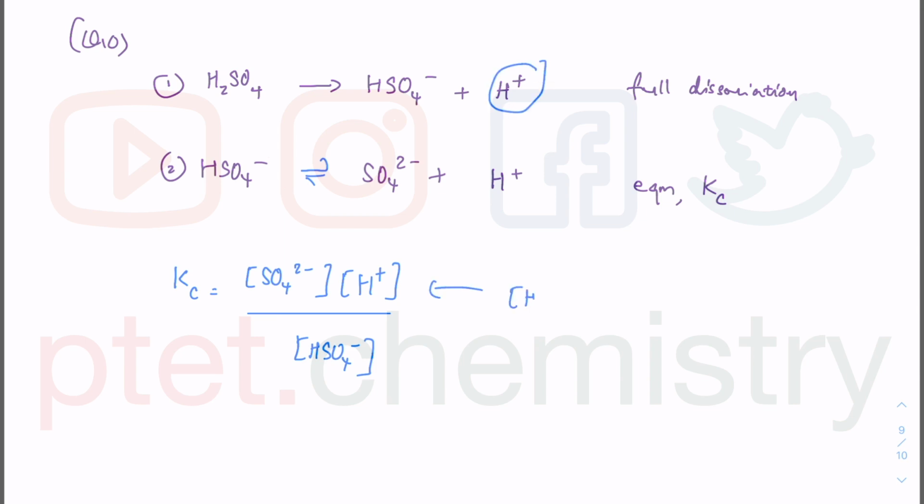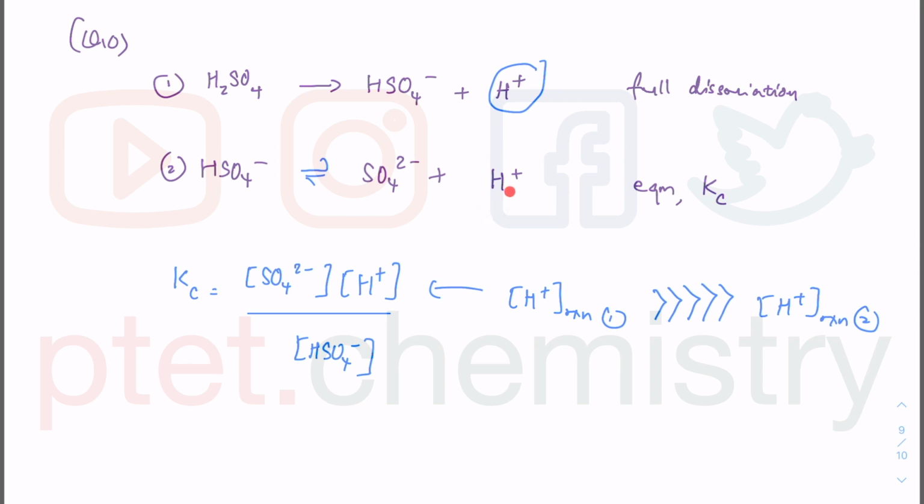So the H plus from reaction 1, which fully dissociates, is going to be so much more than the H plus from reaction 2, because this is a strong acid with full dissociation, whereas this is only partial dissociation. So you already have these in the same solution mixture as these come from these, and these further dissociate into these. You don't have a lot of these because they are in equilibrium.